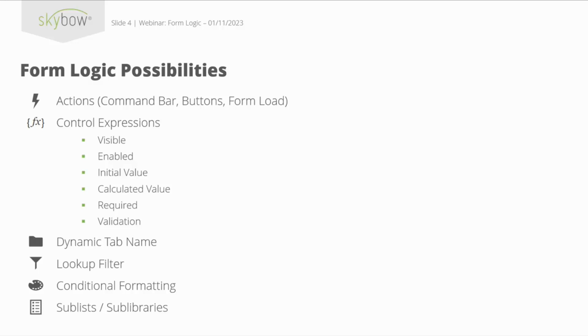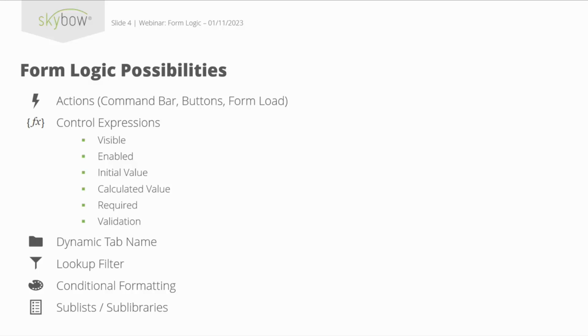Another thing we can do, we can add tabs to a form, and the tab name can be just static, or you can make the tab name dynamic. In a lot of cases we have tabs for adding sublists or sublibraries, and if you want to know if there are some items in that tab, and you don't want to click on every single tab to check if there's something in there, you could add, for example, a number in brackets.